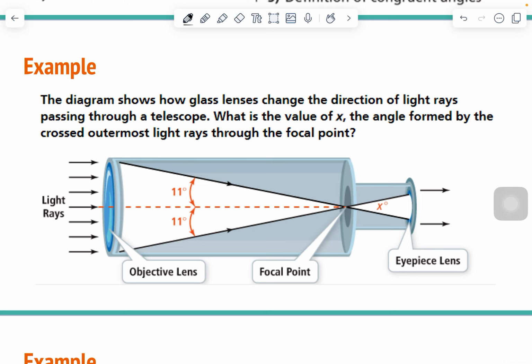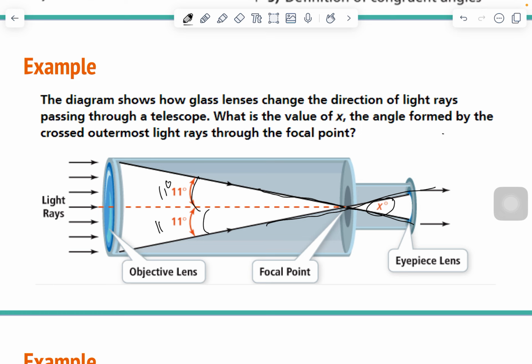The diagram shows how glass lenses change the direction of light rays passing through a telescope. What is the value of x, the angle formed by the crossed outermost light rays through the focal point? You can see that two angles are being formed, having 11 degrees each, and there are two lines, and here's the angle of x, right?